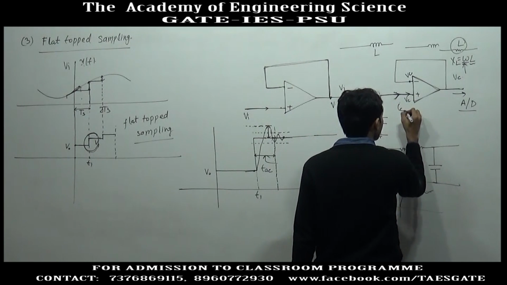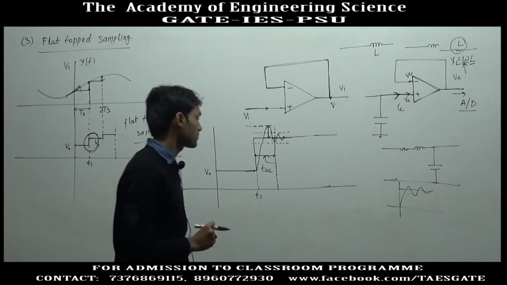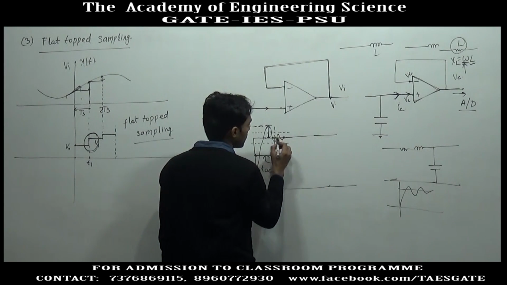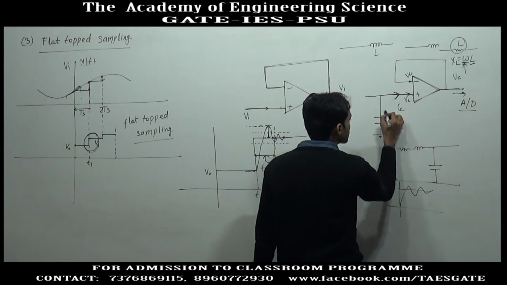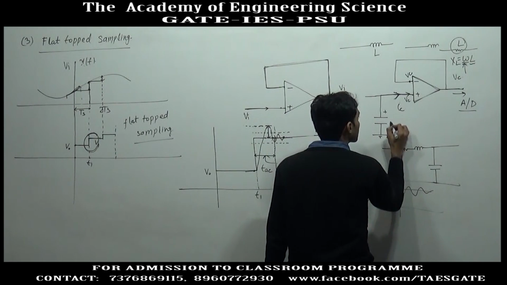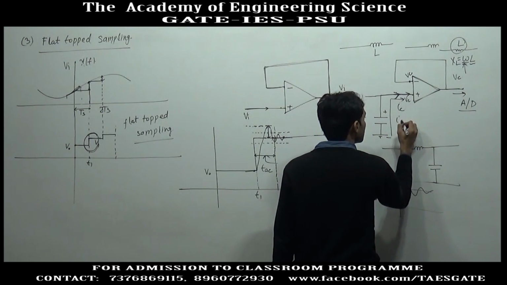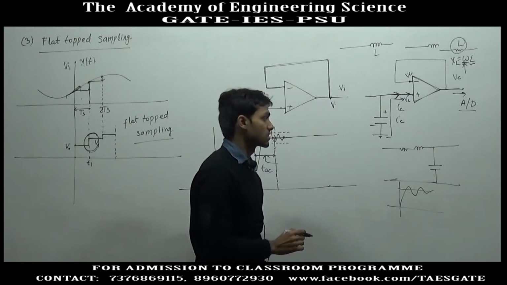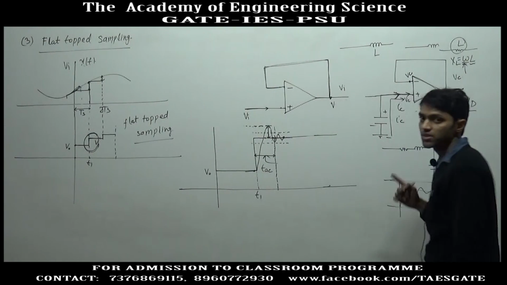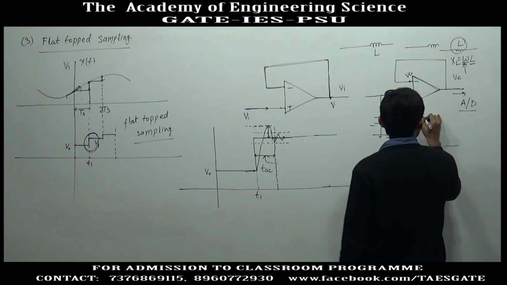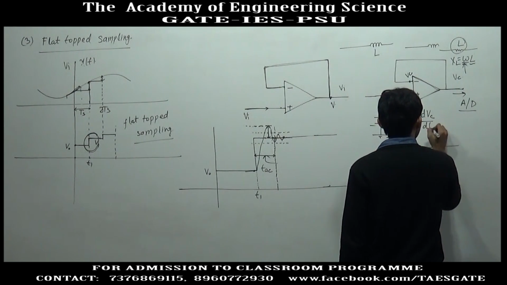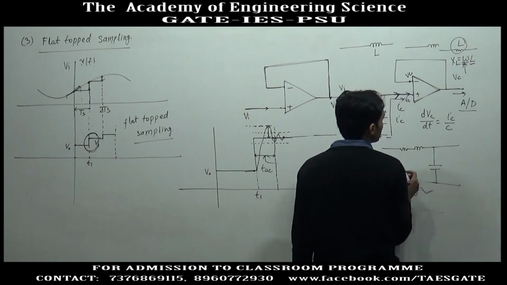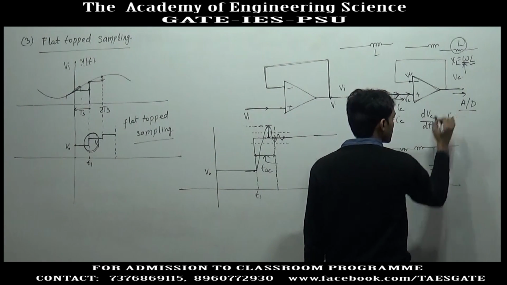So, suppose this current is IC, and after this point it is positive. The current will have some path, IC will flow like this, then the voltage of the capacitor will decrease, and if the current through a capacitor is constant, the rate of change of voltage dVc/dt is equal to IC by C. Now, if the current is constant, this whole quantity will be constant.